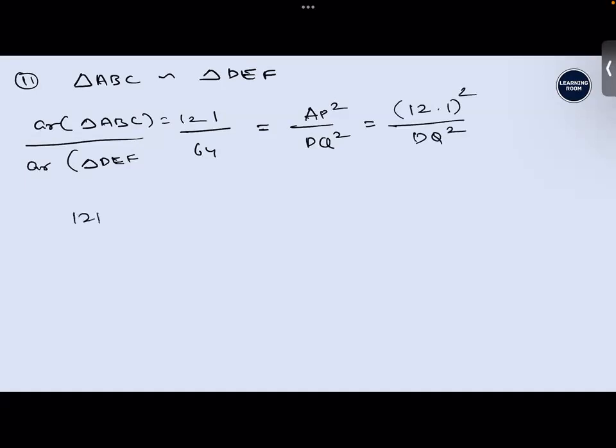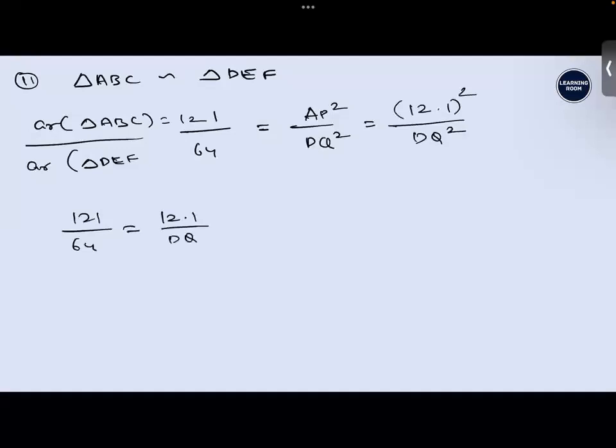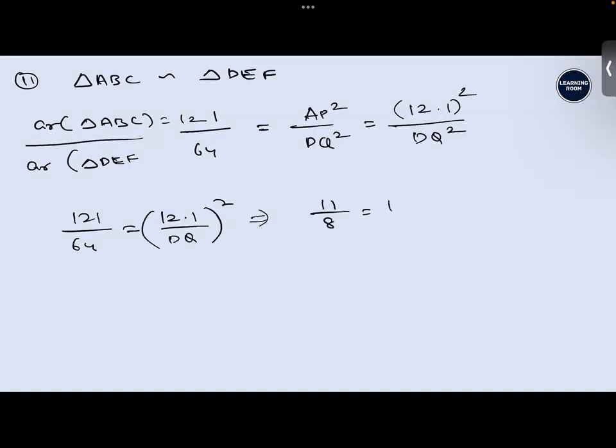So 121 divided by 64 is equal to 12.1 divided by DQ, the whole square, which implies 11 divided by 8 is equal to 12.1 divided by DQ, which implies DQ is equal to 12.1 into 8 divided by 11. Calculated that. Is it 8.8? This is 1.1, no? 1.1 into 8 is 8.8.